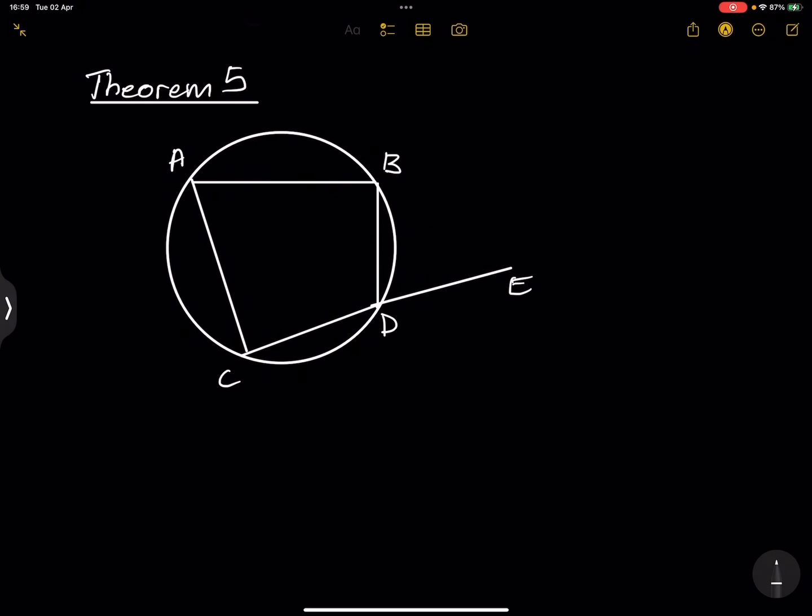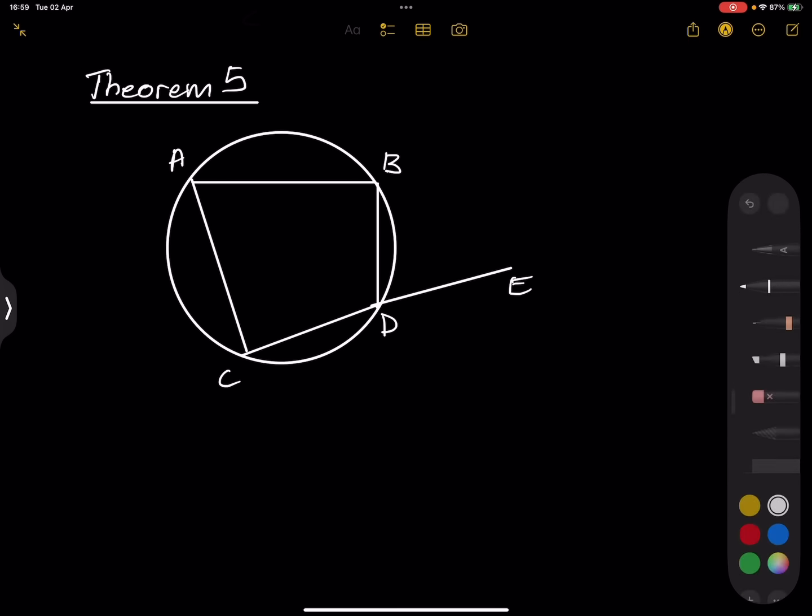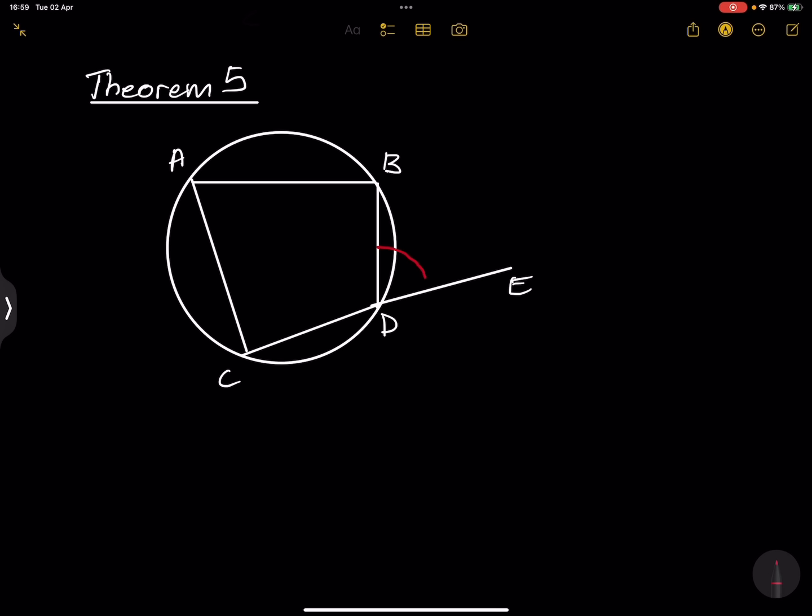Usually, when they say something like CD is produced till E, what are they trying to tell you? That it forms a straight line. So what we say there is that the exterior angle of a cyclic quad, notice it is the angle outside the cyclic quad, is equal to the opposite interior angle.